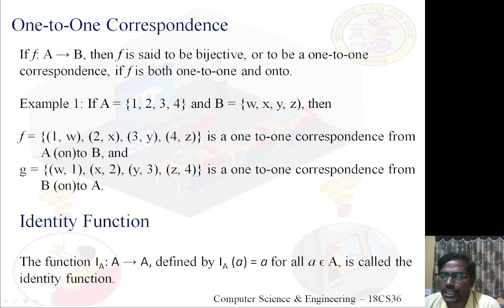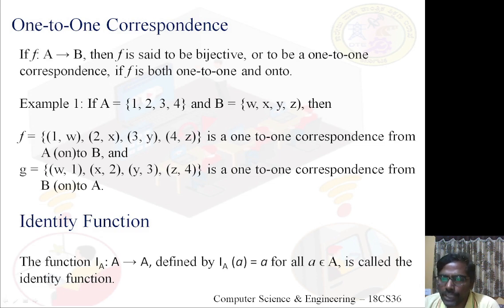Now let us check whether this function g from B to A is onto. To call function g from B to A onto, all elements of its codomain A should have appeared at least once as an image.